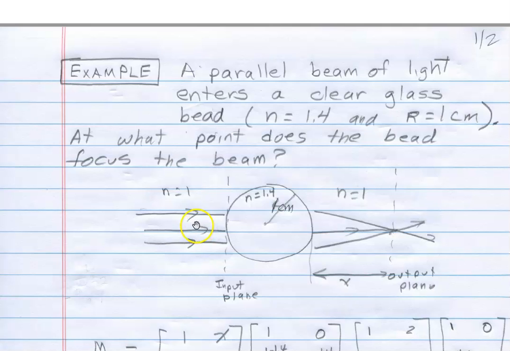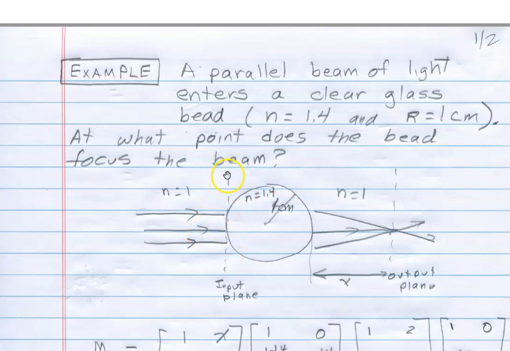If it's looking for the secondary focal point, you put the input plane at the front surface and then the output plane at the focal point. If you were looking for the primary focal point, you would put the input plane on the primary focal point, and the output plane you would put at the back surface. But here we've got the former.